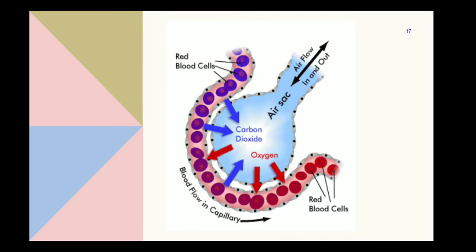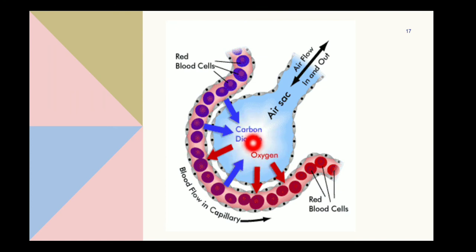In this diagram also, you can see that the red blood cells have come from the body and they have brought carbon dioxide. The concentration of carbon dioxide is more in this blood vessel, and the wall is very thin and moist. Therefore, this exchange can easily take place. From the area of high concentration, carbon dioxide moves to the area of low concentration inside the air sac.